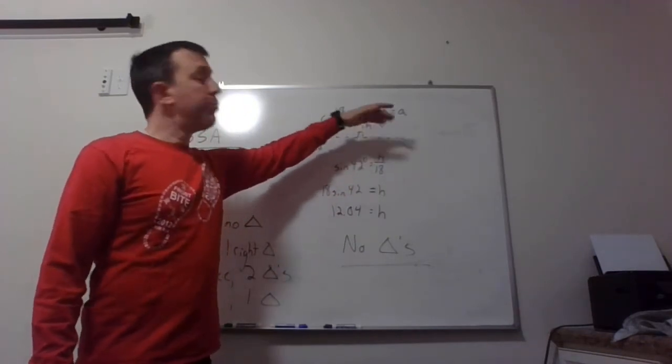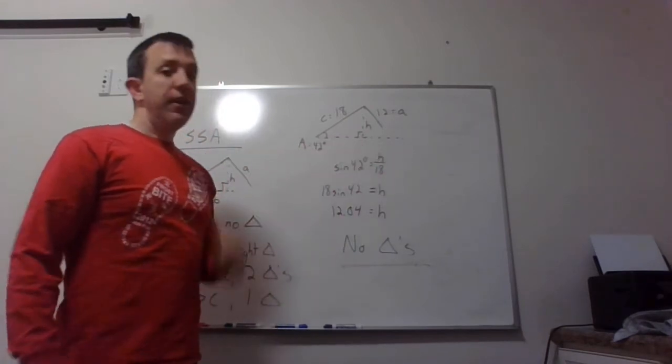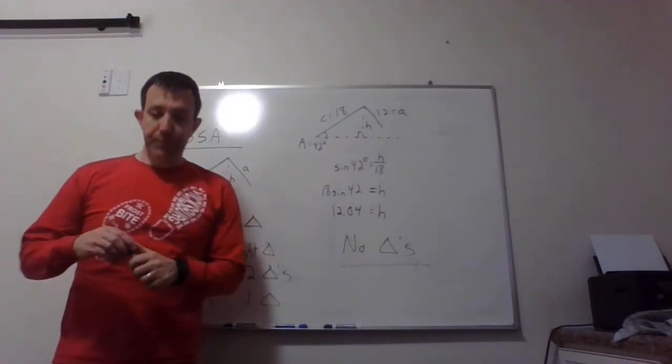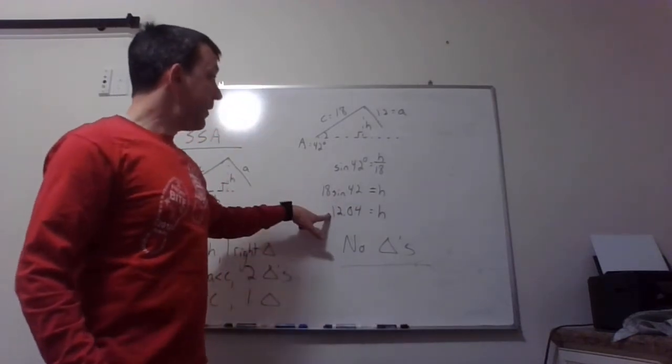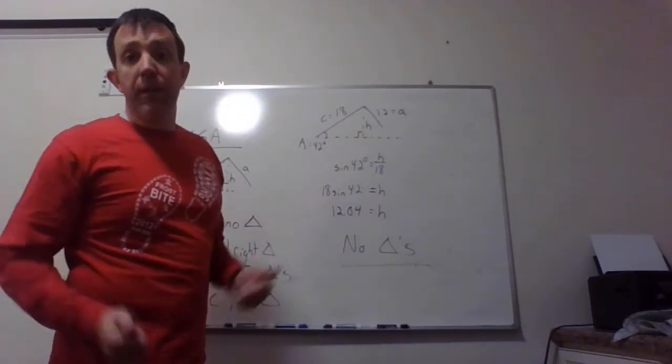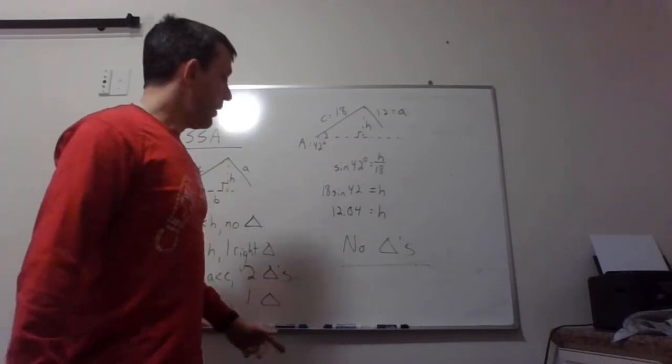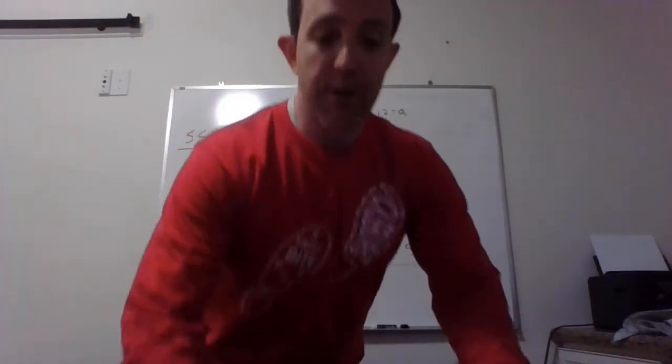This dangling side will not reach the bottom of the triangle, so we have no triangles. That's a really nice case because you look at the height and you're done. I don't have any triangles, it won't work. And now we'll go explore the harder one.